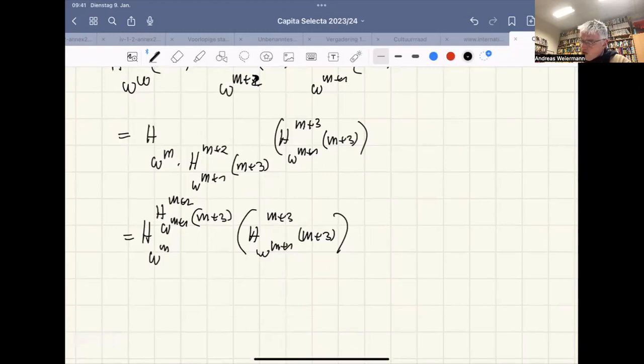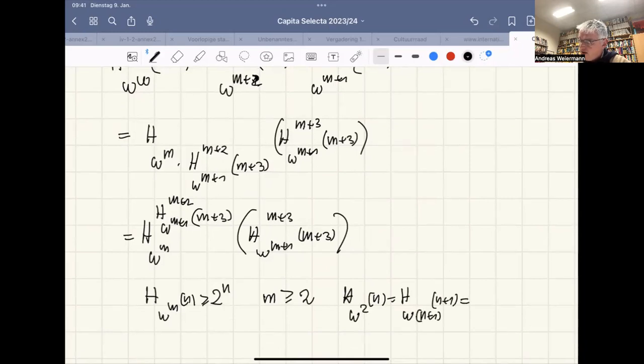Now I need that h omega m of n grows at least as quick as the exponential function. So for this, I need that argument m is at least as big as 2, because h omega square of n is h omega times n plus 1 of n plus 1. That's h omega n plus 1 of n. And this is here an iterate, n plus 1's iterate of the function n goes to 2 times n plus 2.